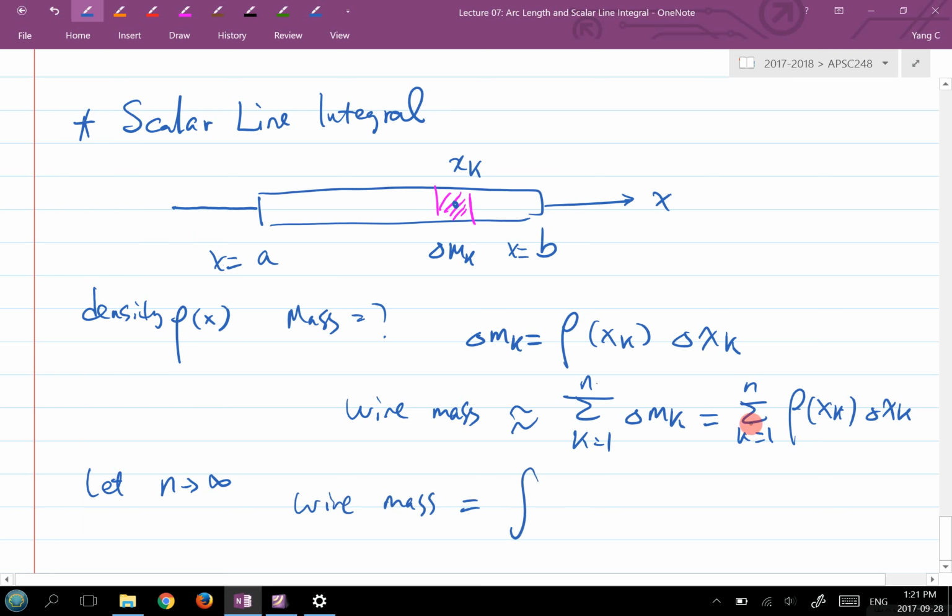Integral. So this time you integrate from a to b for x, and this becomes dx. That's how you calculate the mass of a segment of wire from a to b. This is in 2D.